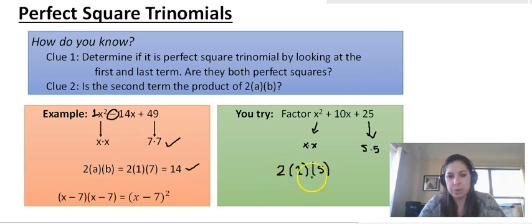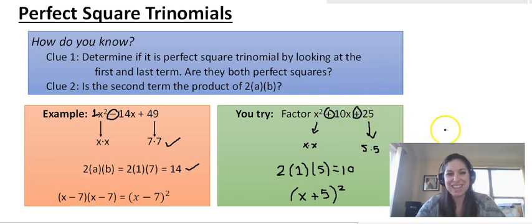Well, 2 times 1 times 5, that is 10. So check, it hits that check mark number 2. So this is a perfect square trinomial. So I can go ahead and break it down into x plus 5, that quantity squared. This time it is a plus because both of my signs up here are addition.